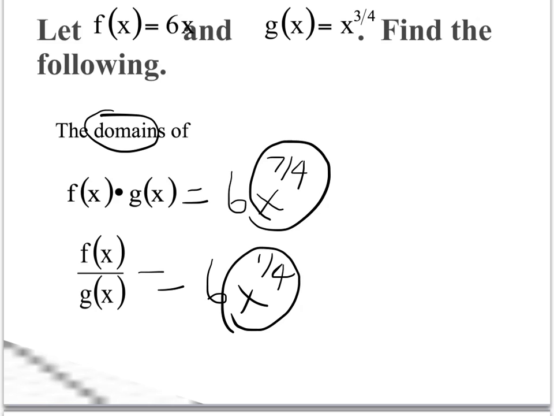So for x, the root this time is the 4th root. So when we think about all the numbers that we can't plug in for x, again, we cannot use negative numbers because if you take the 4th root of something, you can't get a negative number. So most definitely non-negative numbers.